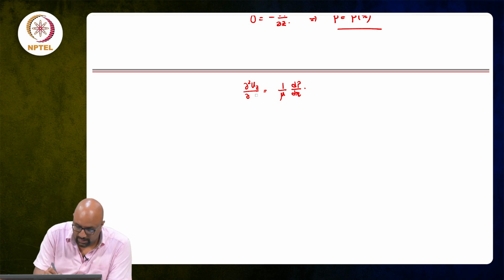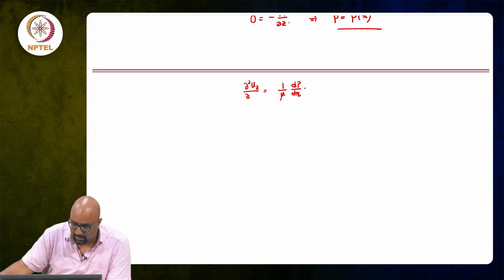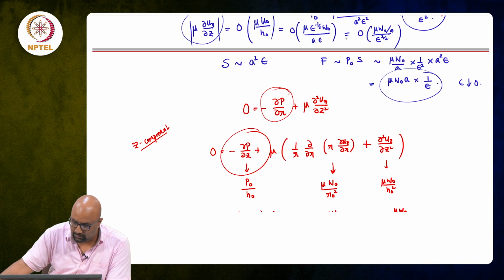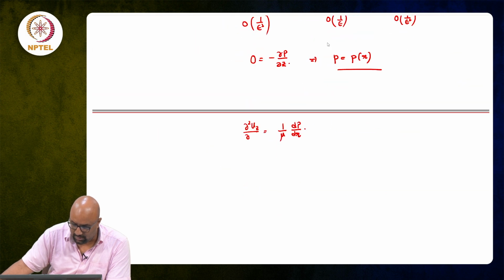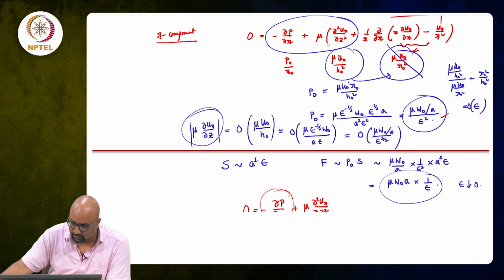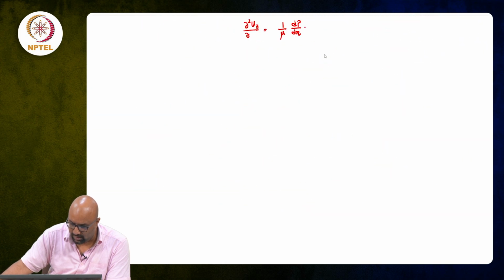Sorry, this should be r square, u r u z, sorry, u r.